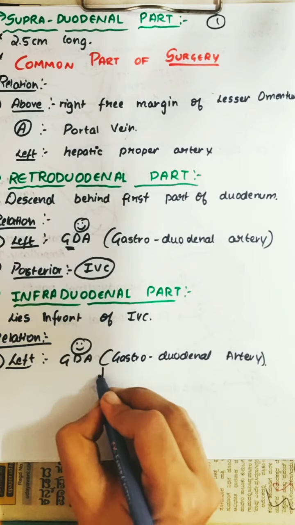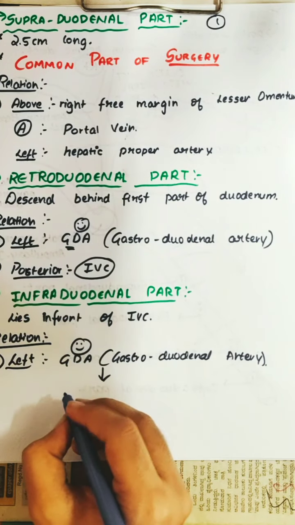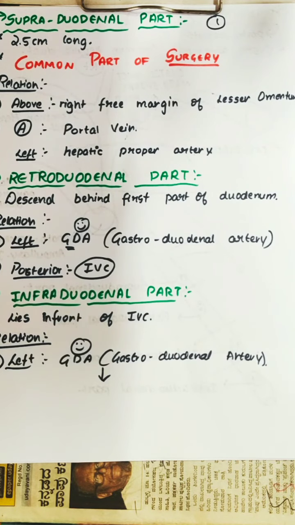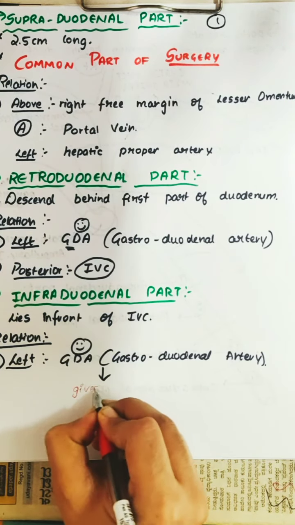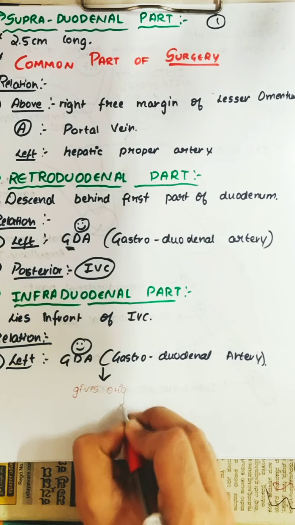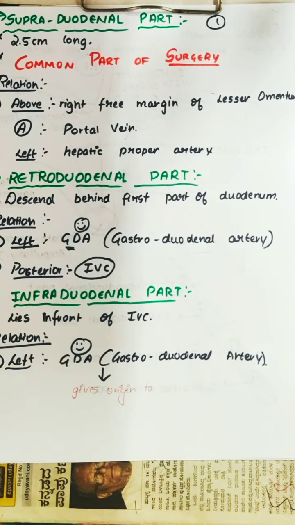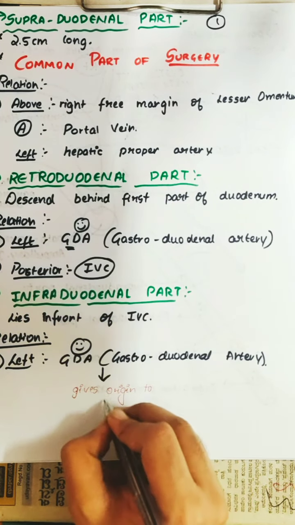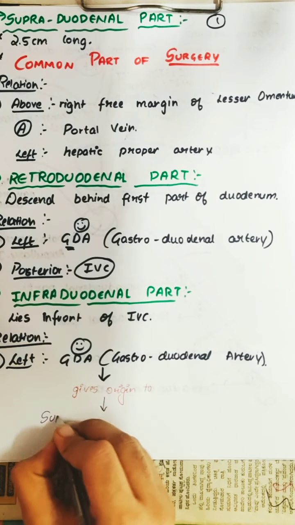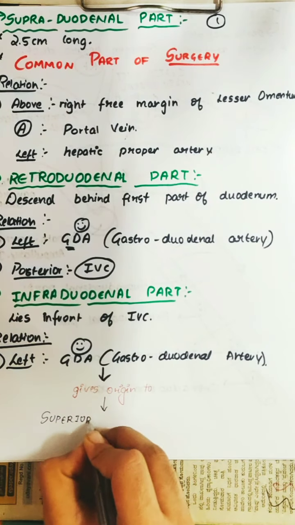Gastroduodenal artery, remember this thing, it gives origin to the superior pancreatico-duodenal artery. Remember this area.